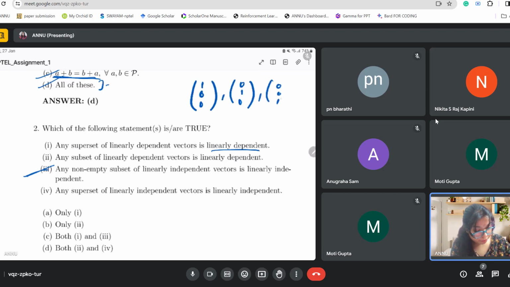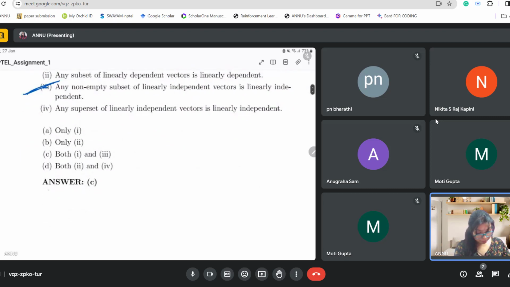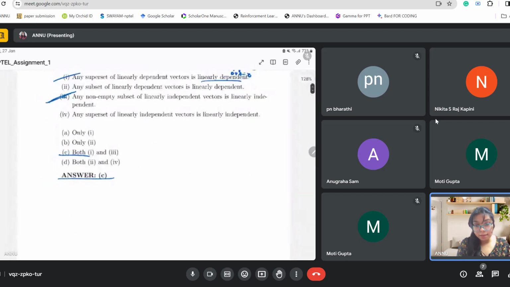If you take only two of these, they are linearly independent obviously, because at one time only one thing is 0. Alpha plus 0 is equal to 0, 0 plus beta is equal to 0, and 0 plus 0 is equal to 0. If the sum equals 0, then this implies alpha is equal to beta is equal to 0. So the third is also true, the first is also true. So the answer is C, both first and third.